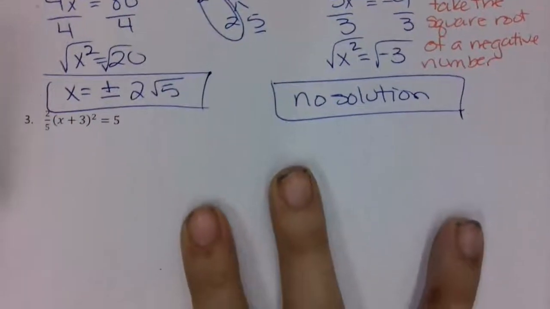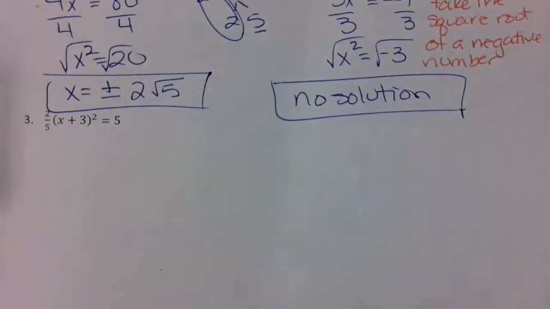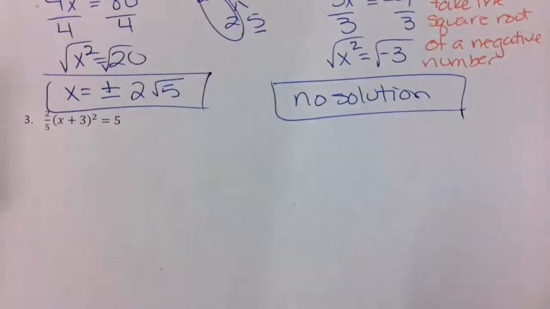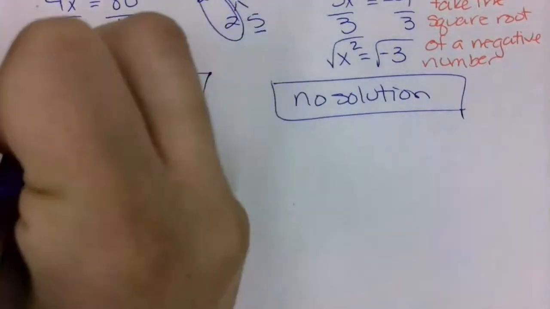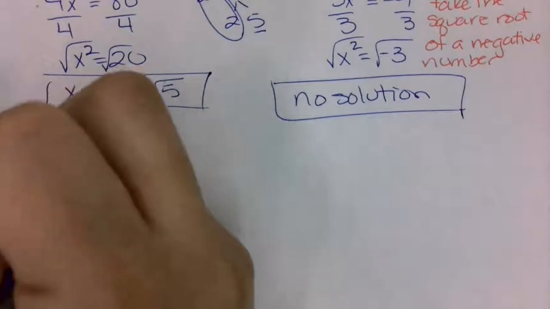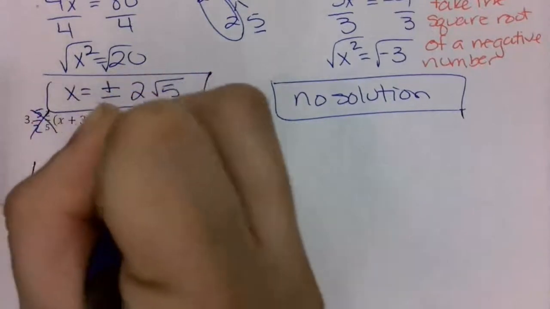Okay. Number 3. The way you get rid of a fraction is you flip it. So I'm going to multiply by 5 halves. On the left side, it cancels out, and I'm just left with x plus 3 squared.